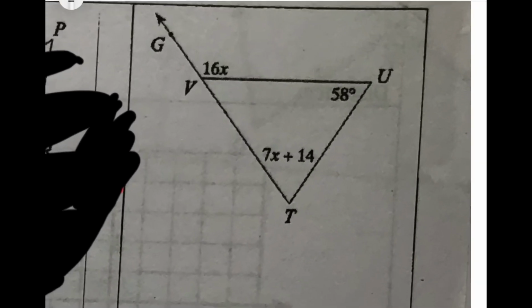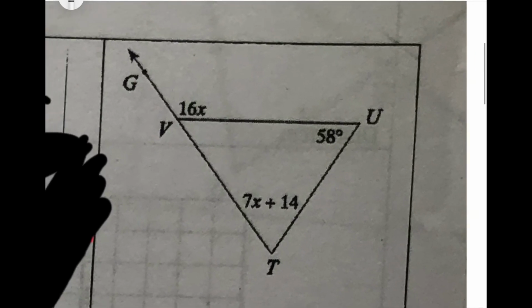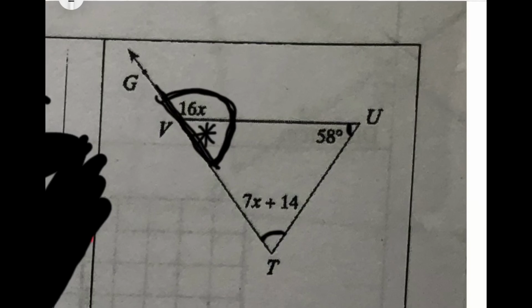Alright, then I want to go to number 4. Well, we have two of the angles inside of our triangle, but we don't have this one. So let's figure out this one. If we add this angle, which is 16 times x, plus the angle we don't know inside of the triangle, how many degrees does this have to equal? Well, it creates a straight line.